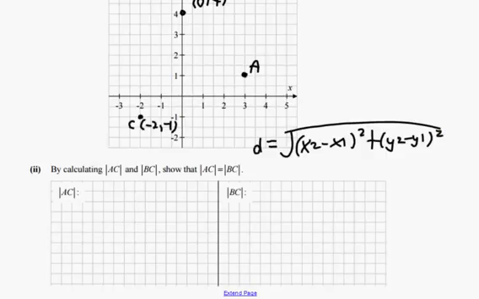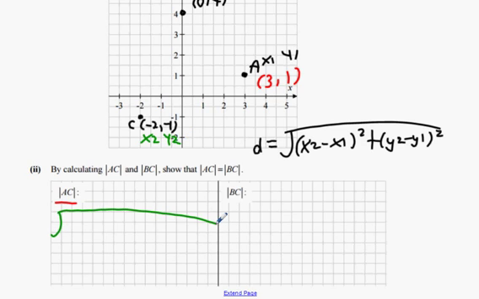Starting off with A and C, what's x1, y1, x2, y2? So A to C, guys. Call this one x1, y1, call the other one x2, y2.